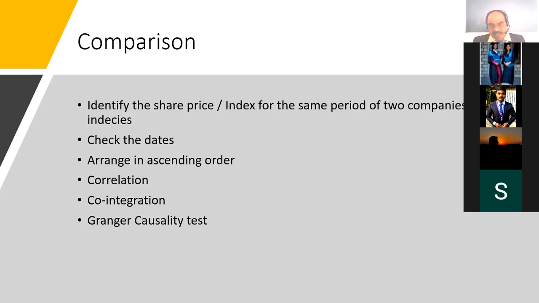If the ICICI Bank share is going up, is it reflecting in the Sensex or in the Bank X? If you want to find that out, you have to test whether there is a Granger causality between the ICICI share price and the Bank X. You have to do that, then only are you able to prove it.